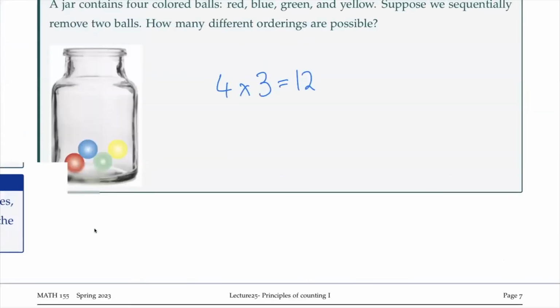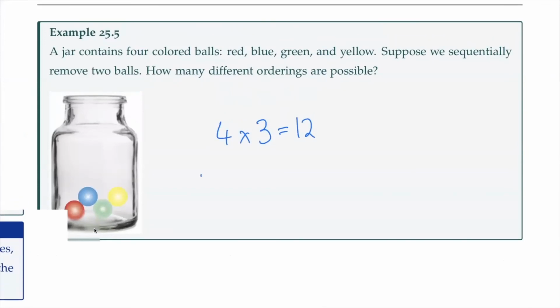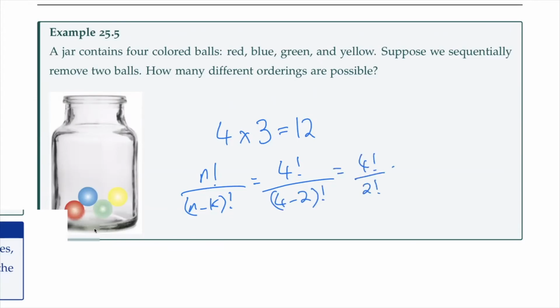So if I go back up to this example here, if I calculate n factorial over n minus k factorial, so we have 4 objects, so that's 4 factorial divided by 4 minus 2 factorial. So this is 4 factorial over 2 factorial.